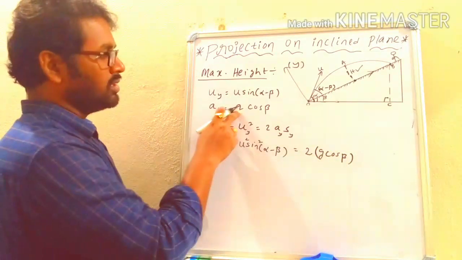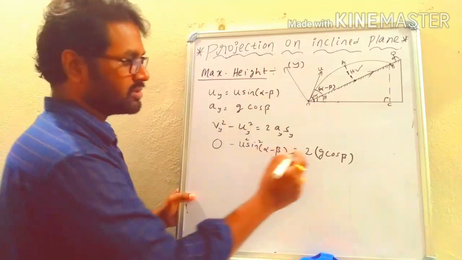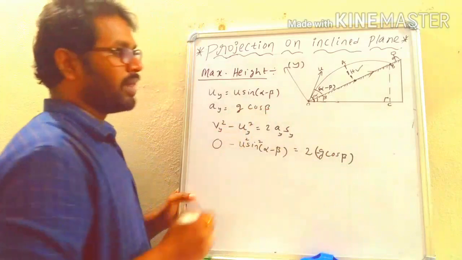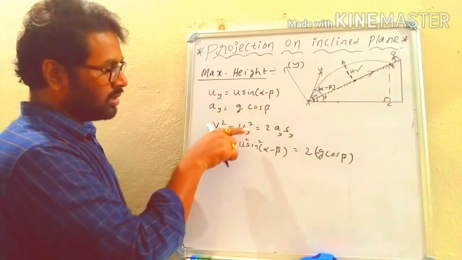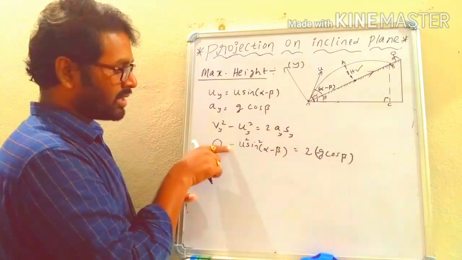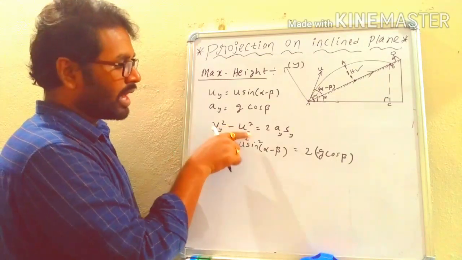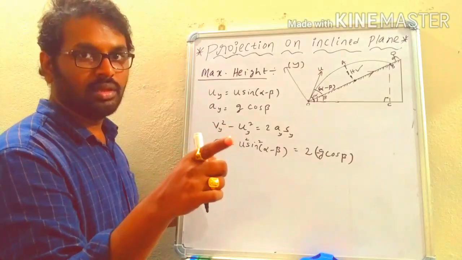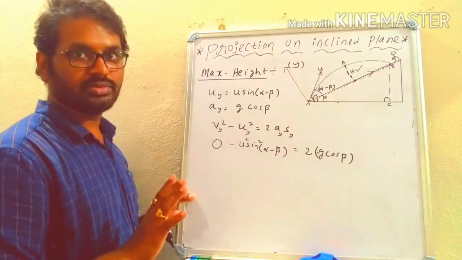If you notice, g cos beta is in the downward direction. So please take a negative sign for it, minus g cos beta, because we wrote uy as positive directly. Minus is there in the equation. We haven't applied any sign convention for u square; even if you take plus or minus, when you square it you get positive.